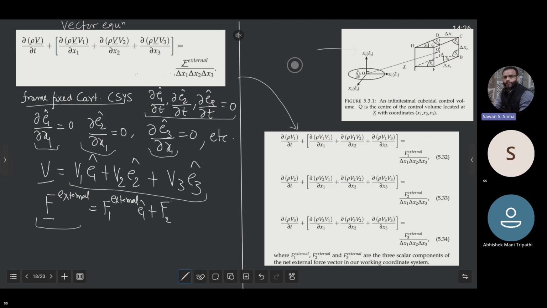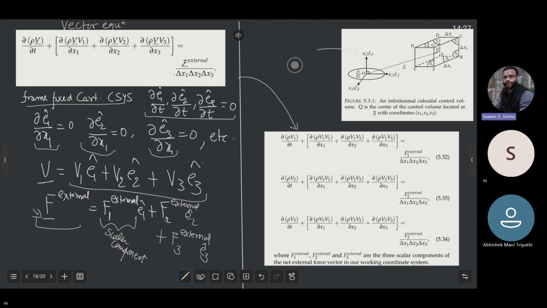Here it is vector, mind you, this is vector. Now I'm writing it as F1, so this is a scalar component. This is the scalar component: F1 external E1, F2 external E2, and F3 external E3. Yes, in terms of scalar components. If you use all this, put it here, you can extract out these three equations.